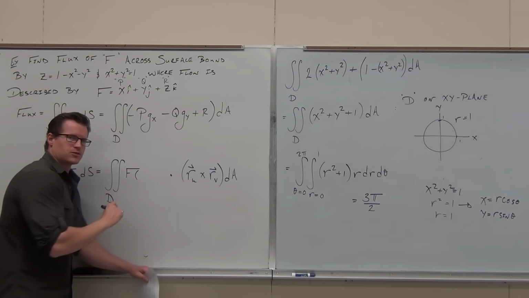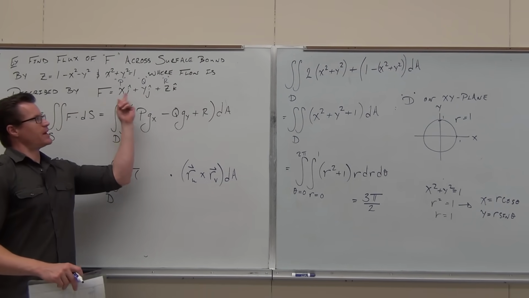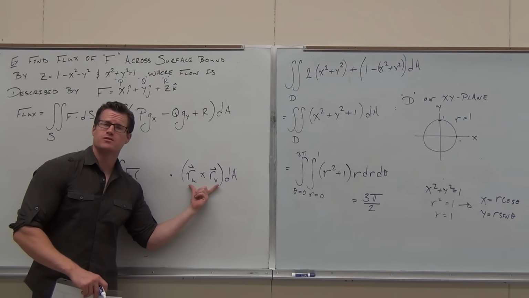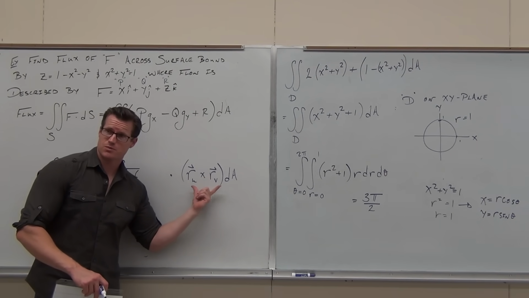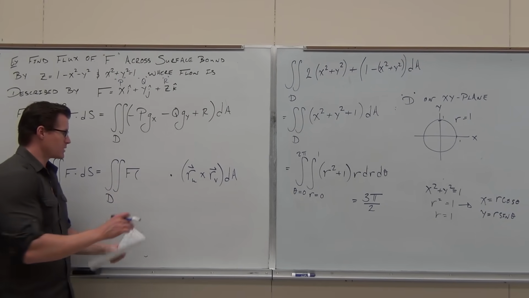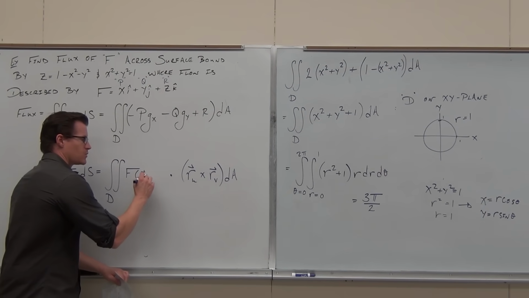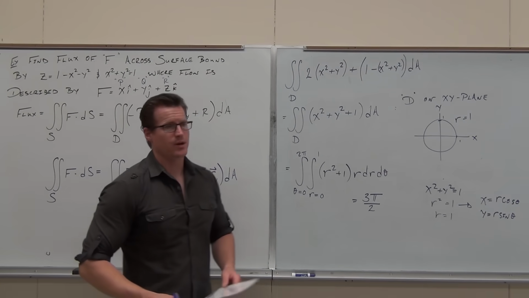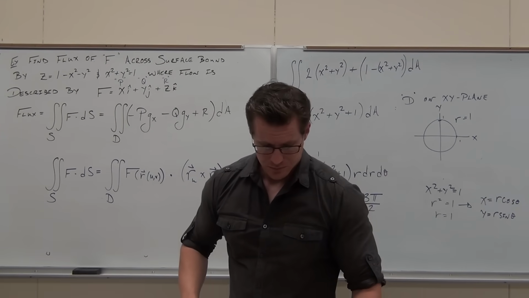But then if your vector field is in terms of x, y, z, and you have this parametric surface in terms of u's and v's, could you use this parametric surface to redefine your vector field? Then this would have to be defined as whatever the parametric surface is defined as.